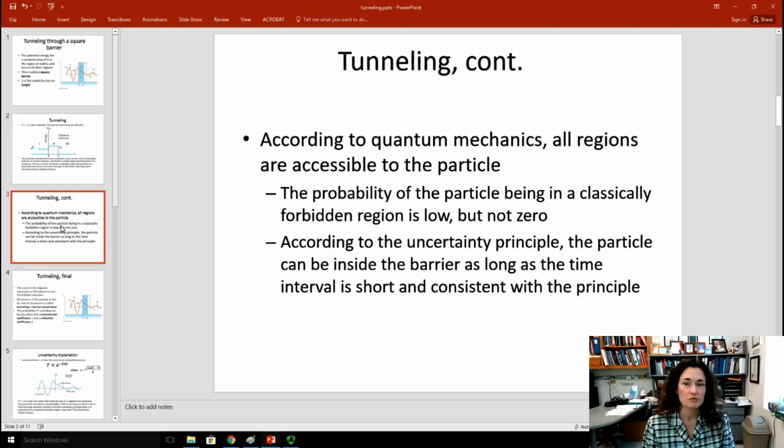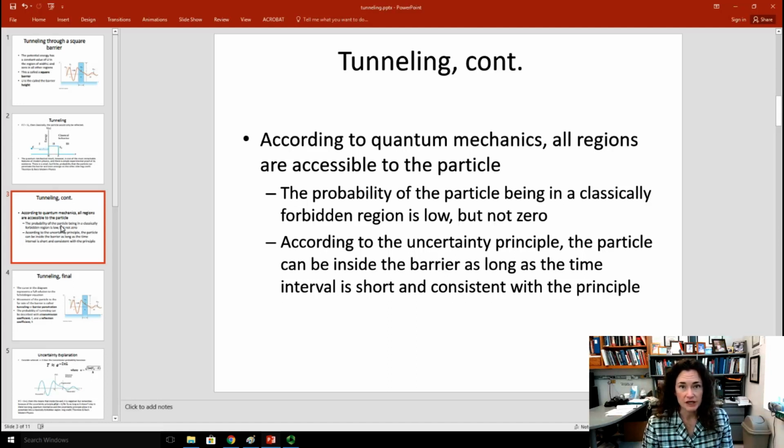So according to quantum mechanics, if we start the particle at x less than 0, the barrier starts at 0 and runs to x equal to L, and then we look at the probability that the particle is in any of these three regions, x less than 0, between 0 and L, or x greater than L, all regions are accessible to the particle, okay? So the probability may be low that the particle tunnels through to the other side, but it's not necessarily 0.